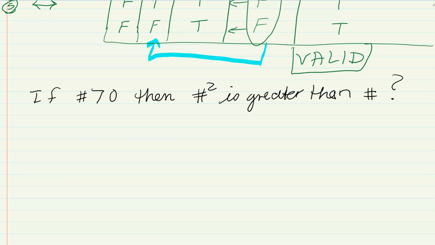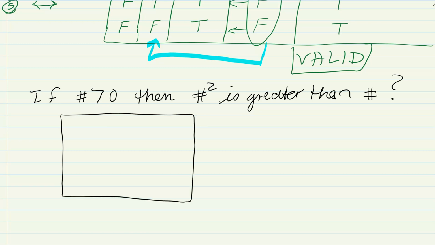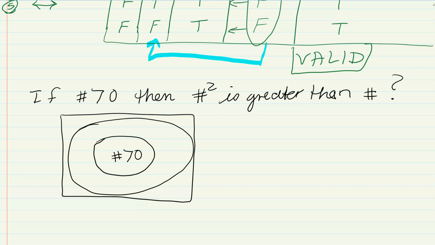Well, we know if-then means, in terms of our Venn diagram, all numbers as a subset, right? So here's the numbers that are greater than 0, all numbers greater than 0. Then its square is greater than the number itself.